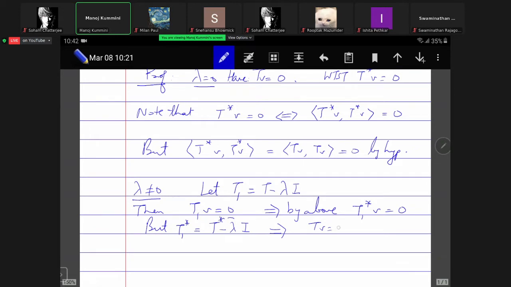This means that T star v is lambda bar v, which is what we wanted to show. Sorry, I forgot the star. Yeah, this is what we need to show.